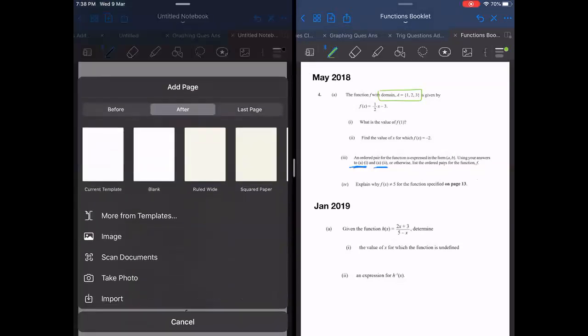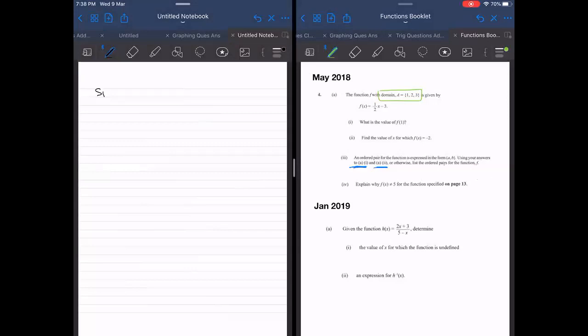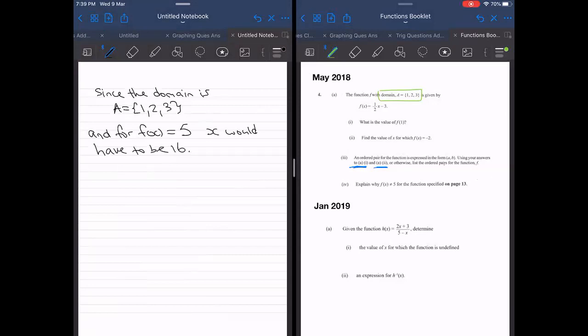So to finish this off, we would say, since the domain is 1, 2, 3, and for f of x to be equal to 5, x would have to be 16.